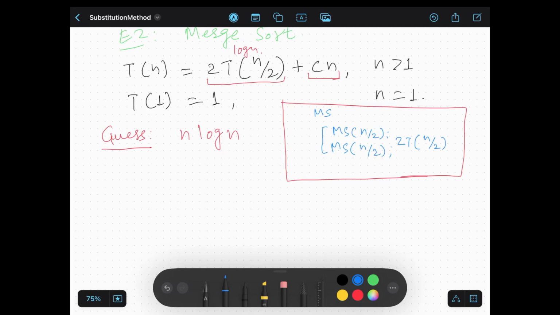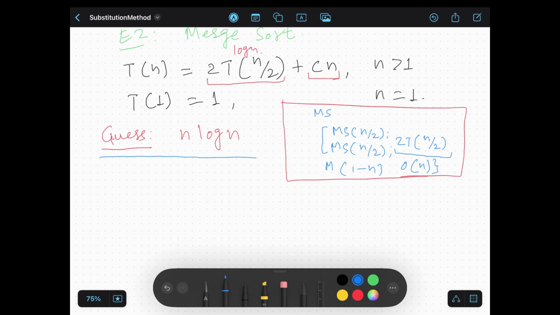And then we do a merge step for 1 to n value, right? So for every merge sort, we are doing n work. So from the code and from our experience, we can guess that the time complexity for this recurrence probably would be n log n.